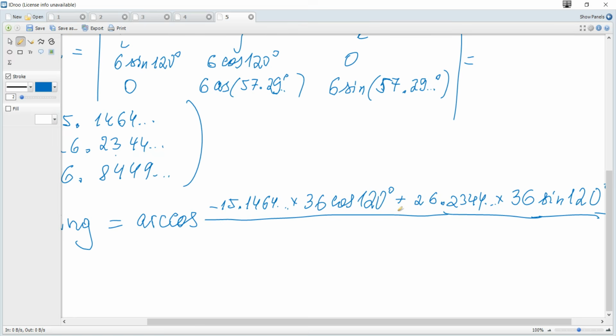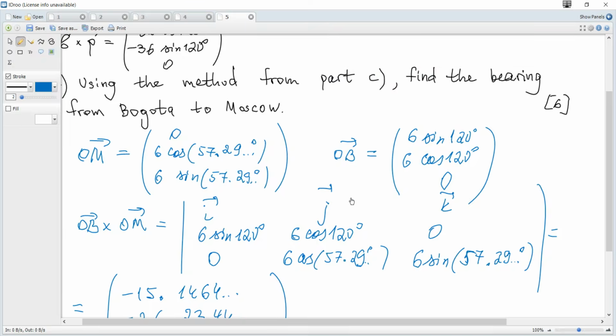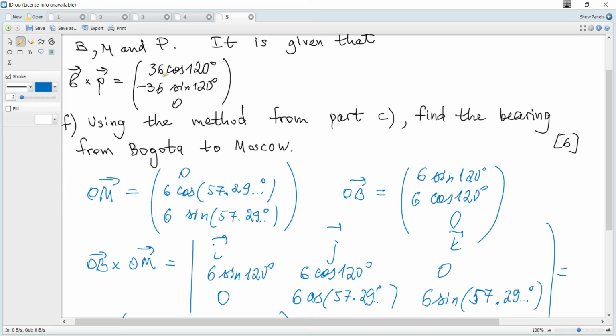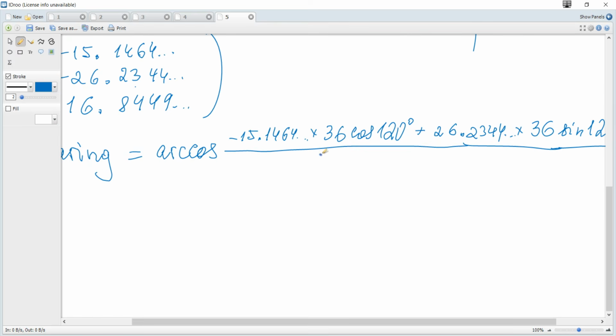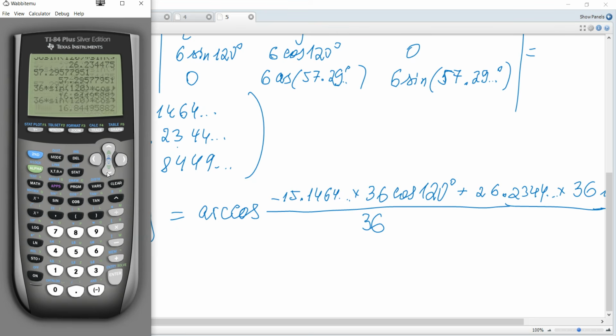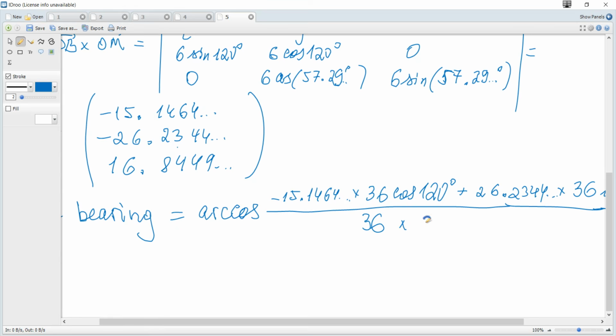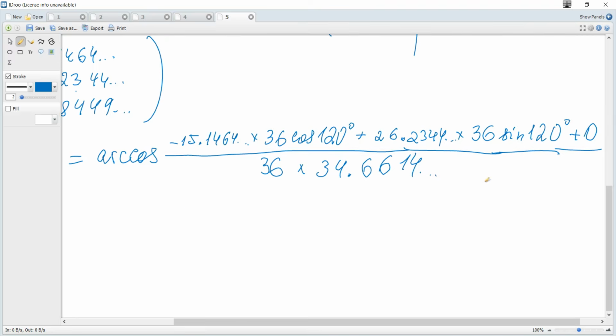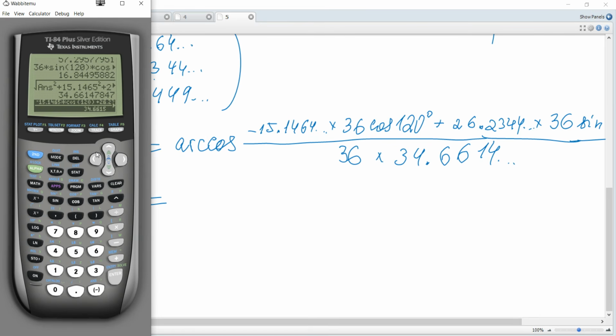Divided by magnitude times magnitude. The magnitude of this, absolutely similarly, is 36, and the magnitude of this can be found as the square root of the sum of squares. And it's 34 point something, and then the inverse cosine gives us 29.1 to 3 significant figures.